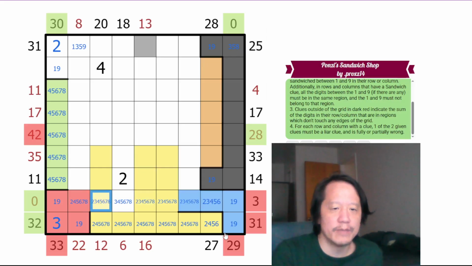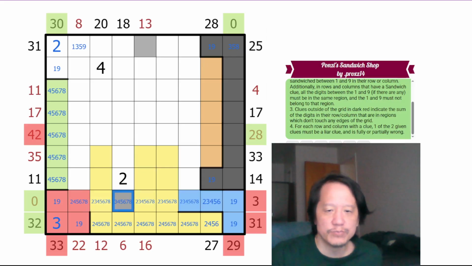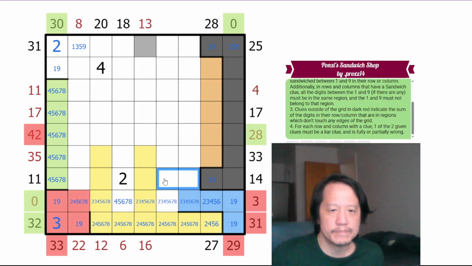So that means this can never be 3. Oops. This can never be 3. You can't have yellow, yellow go that way, because then this doesn't add up to 11 or 14. You could add up to 11 or 14 with 2 of these digits.